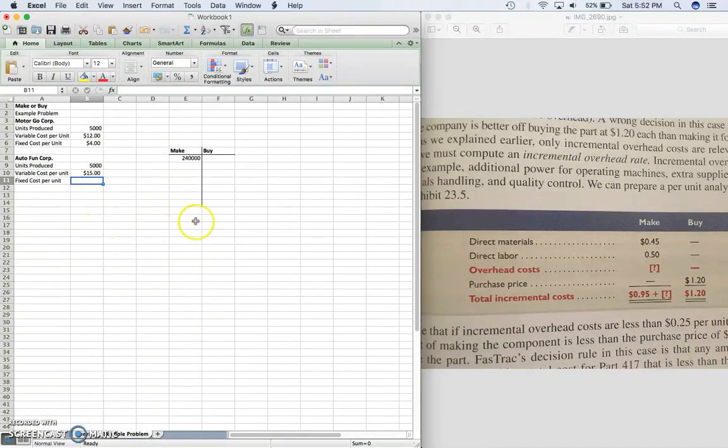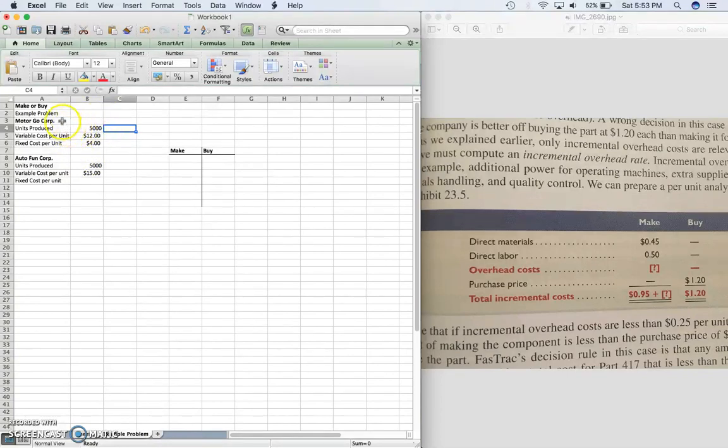So the MotorGo Corporation is producing 5,000 units, which cost $12 for variable costs per unit and fixed costs per unit. And so this is what it takes to make it themselves.